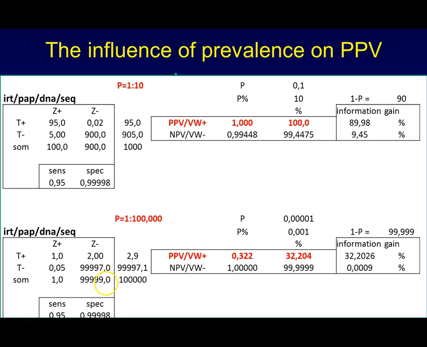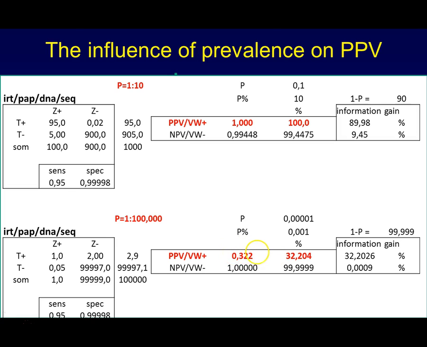When we apply a specificity of 0.9998, the majority of the subjects have a negative test, but we find 2 subjects with a positive test. This means that we have a total of about 3 subjects with a positive test, but only one of them has the disease. And this means that the positive predictive value is about 32%.